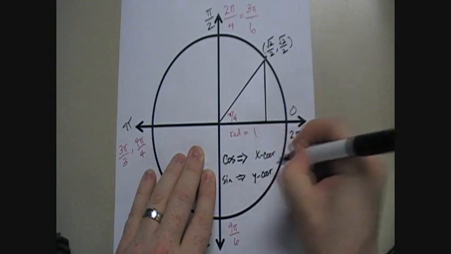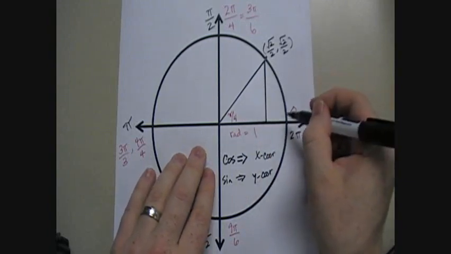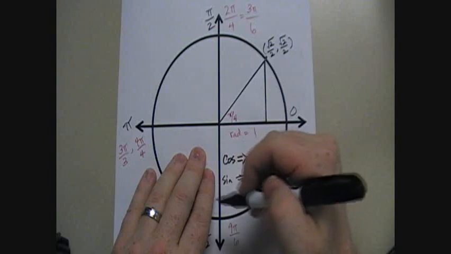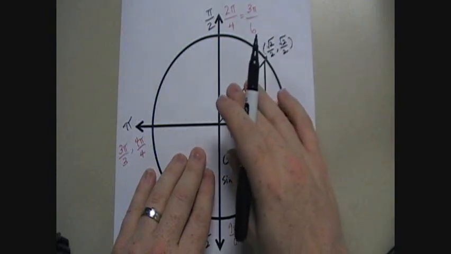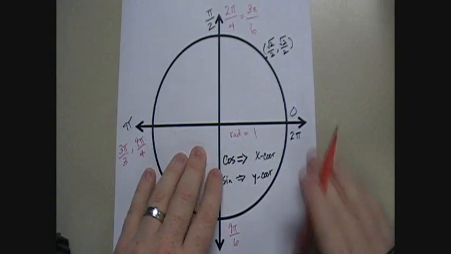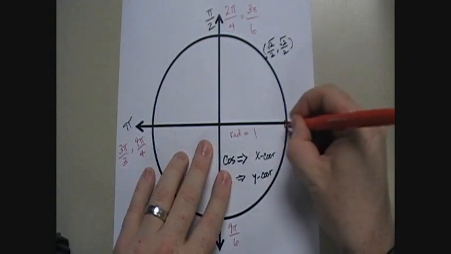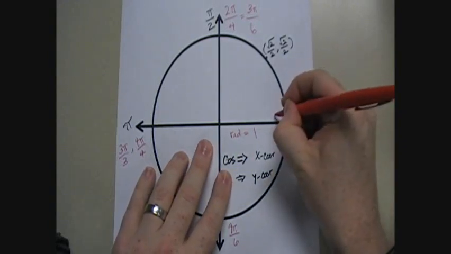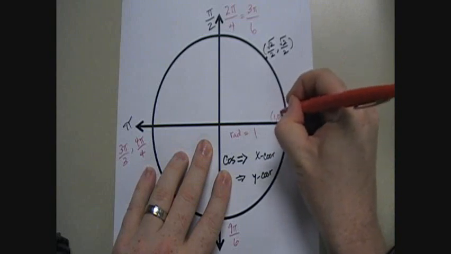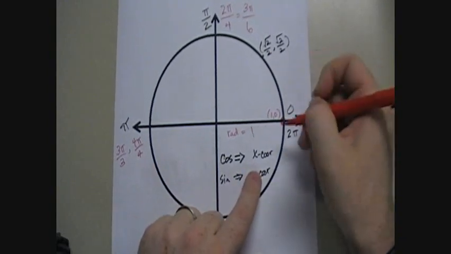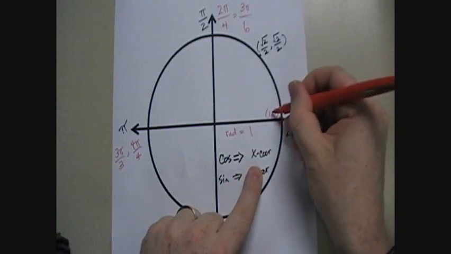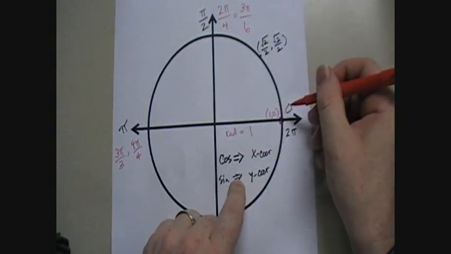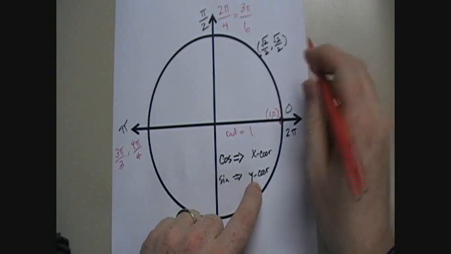And that makes our lives quite a bit easier, especially as you go through the basic values at 0, pi over 2, and so on. Because we already knew that this point right there was the point 1, 0. Well, that must mean if I asked you for the cosine of 0, since cosine matches the x-coordinate, the cosine of 0 must be 1, and the sine, which matches the y-coordinate, must be 0.